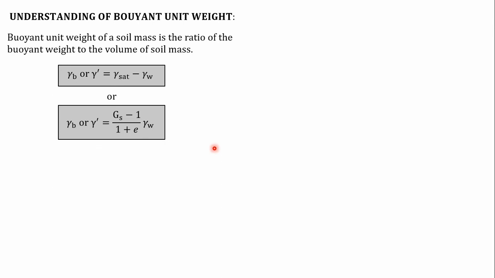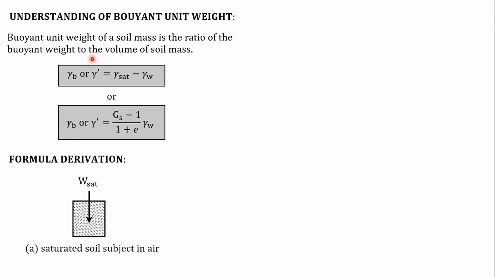How is it derived? Since the soil is submerged in water, we will derive it using buoyancy, from the topics of fluid mechanics. For the formula derivation, let's take this cube as our soil sample.